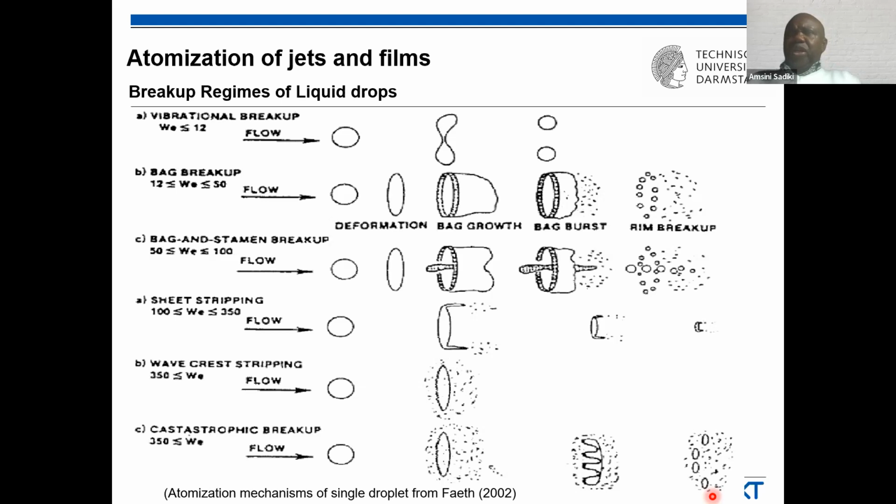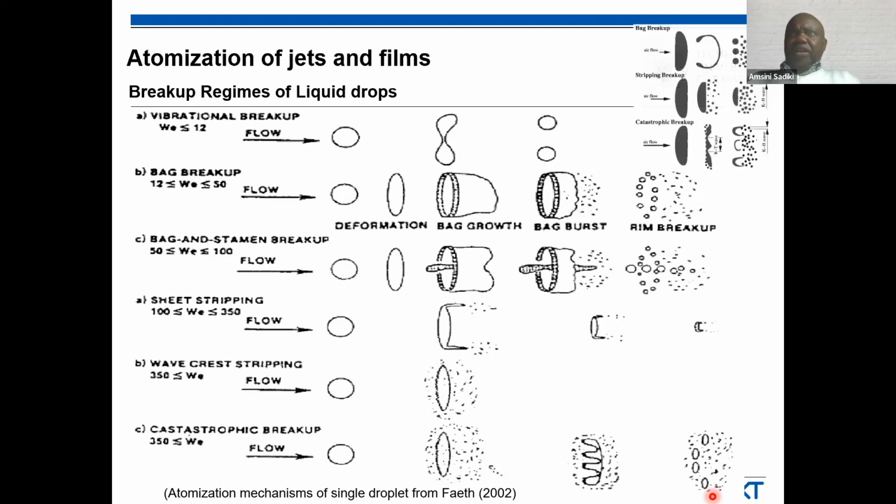So tomorrow we will continue with this by saying how we can introduce this physics in modeling, and we'll see how the literature proposes some disintegration, some breakup models. And here I show again how we can see this type of breakups.